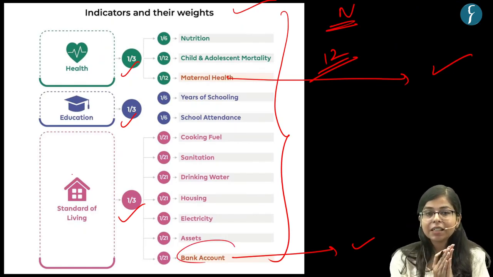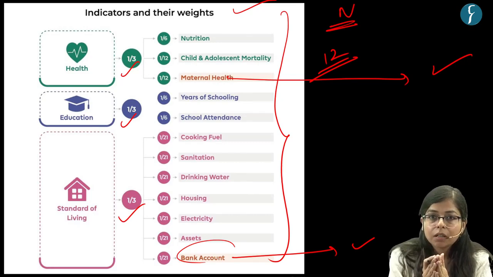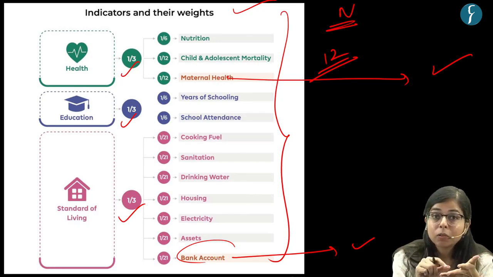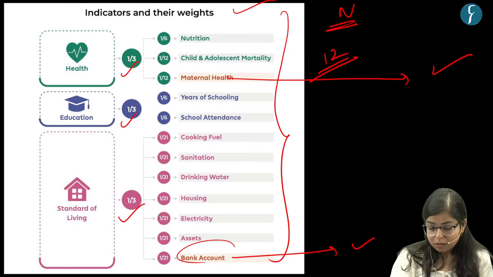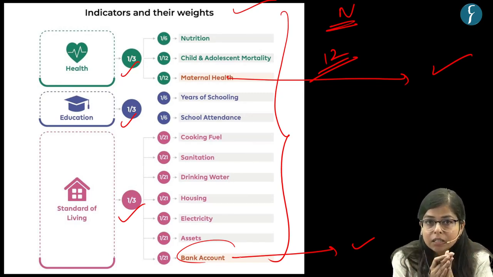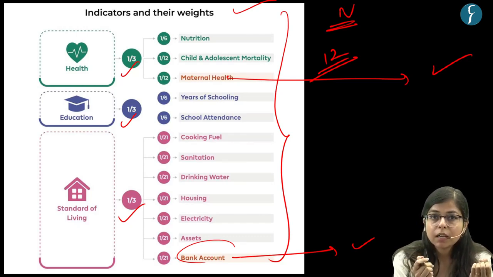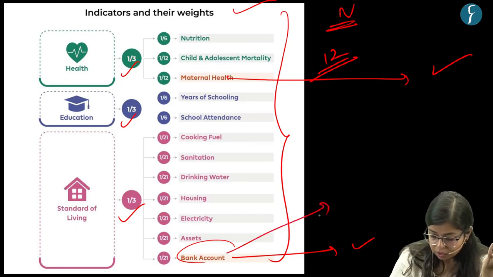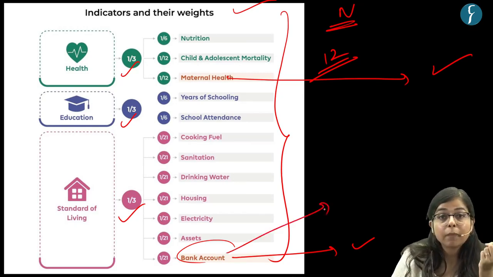But in India, see, the major subsidy programs of the government, say DBT program of the government, and the major schemes of the government, these are dependent on access to bank accounts by the population of the country. India is working on financial inclusion of the population of the country, and for it, they must have access to the bank accounts, right?